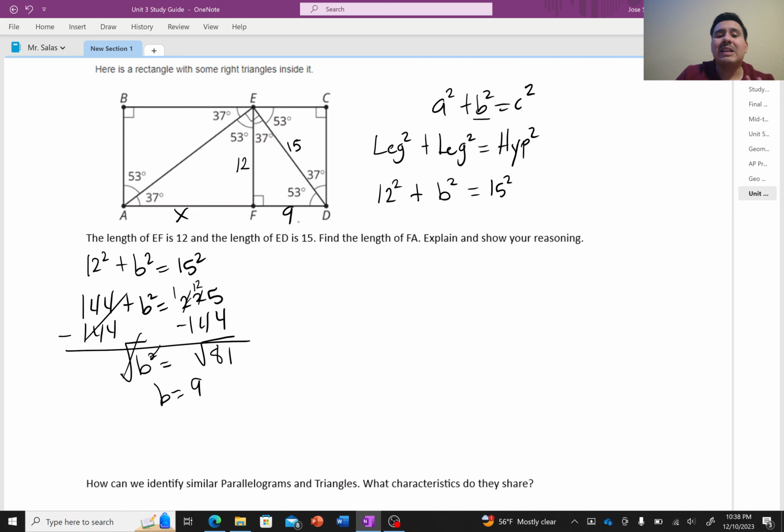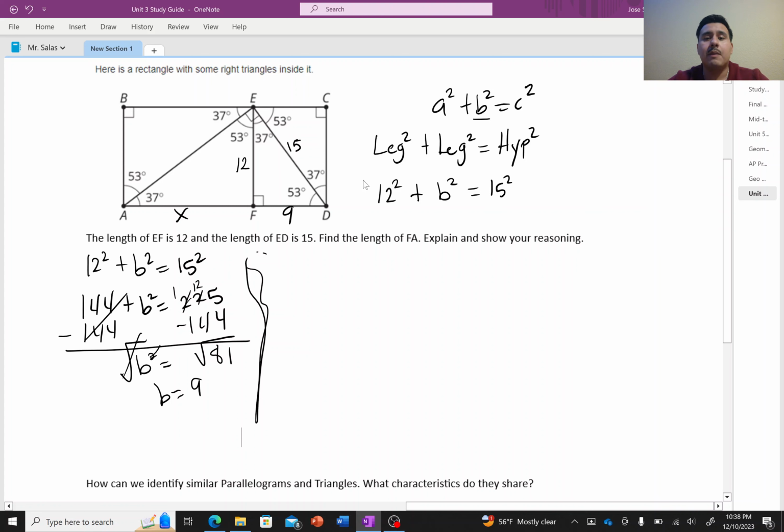Now I can start figuring things out with this other triangle EFA. I'm trying to find the length of FA. So now I'm going to separate my work so I don't get confused. I'm going to use ratios between this medium-sized triangle and this smaller triangle, since I know all three sides of the smaller one. Since they already share a 12, I'm going to use the x and the 9 to create my ratios as well.